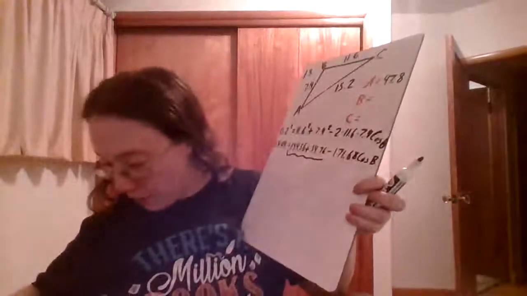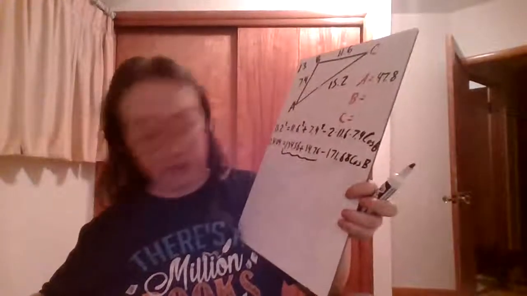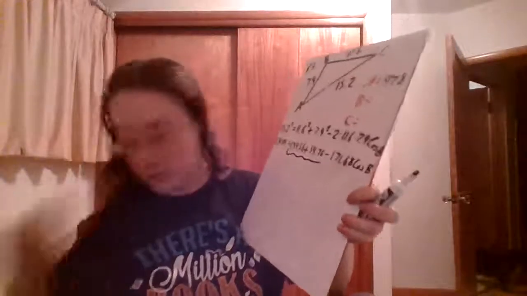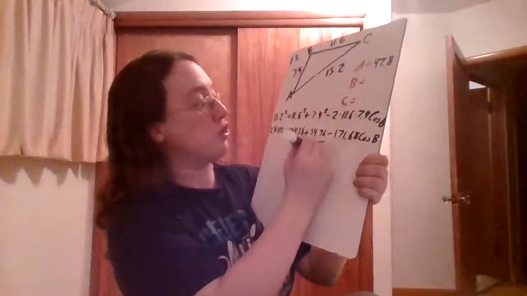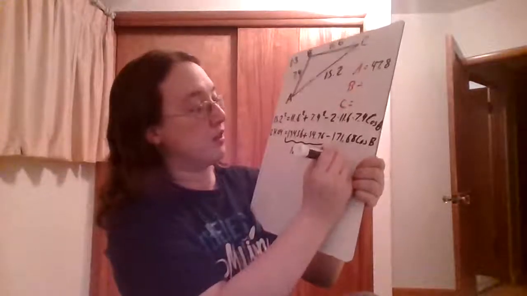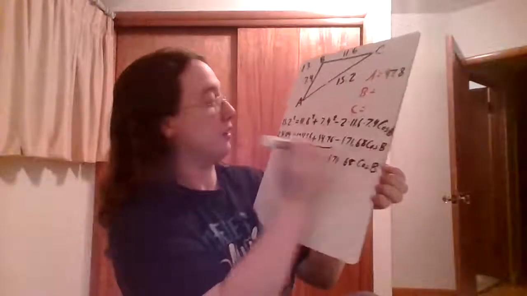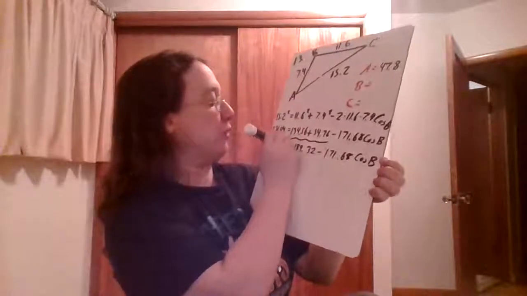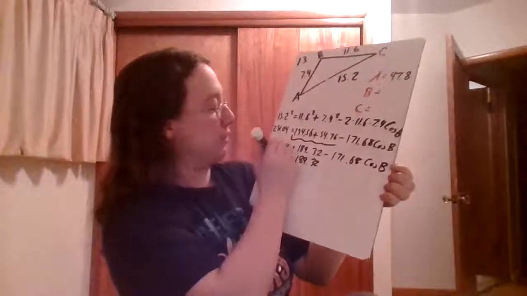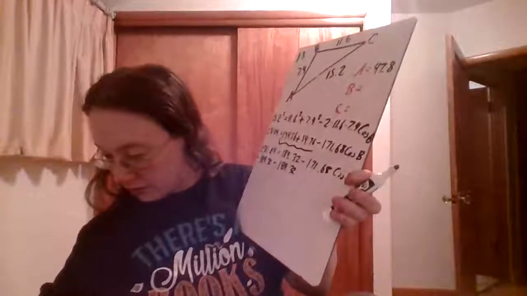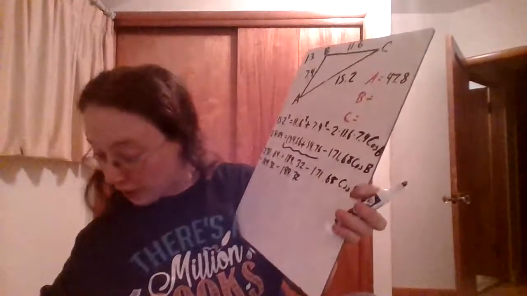So we get 134.56 plus 54.76, which gives you 189.32. 231.04 minus 189.32 gives you 41.72.